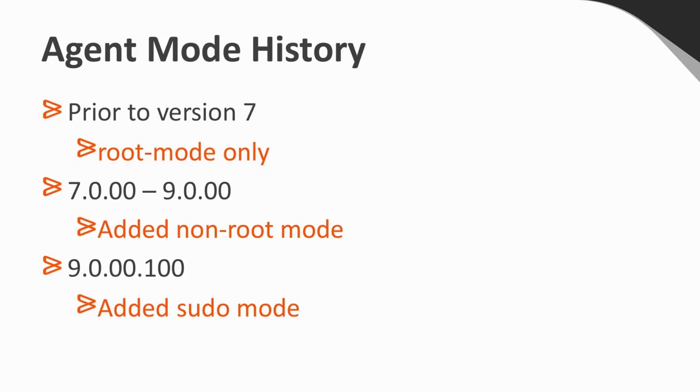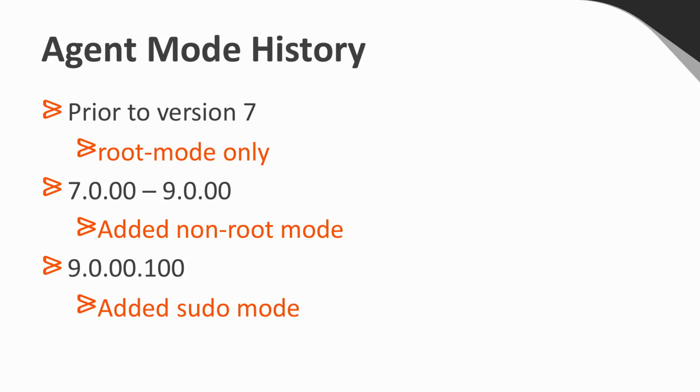In version 7 and beyond, we introduced the non-root mode. This gave you the ability to run the agent as a user other than root, typically the agent owner, and still run jobs as other users. It meant that the agent didn't run as root and it wasn't a privileged process.